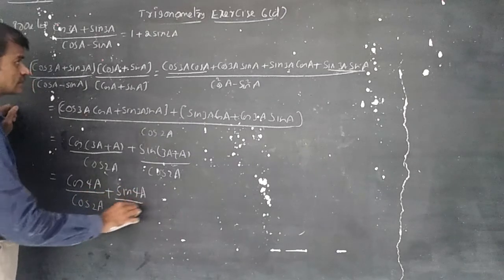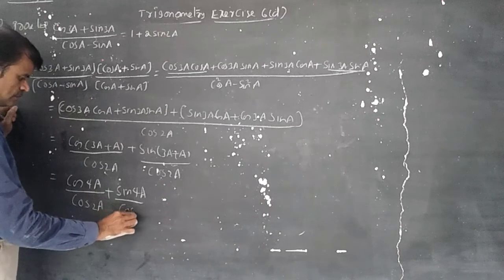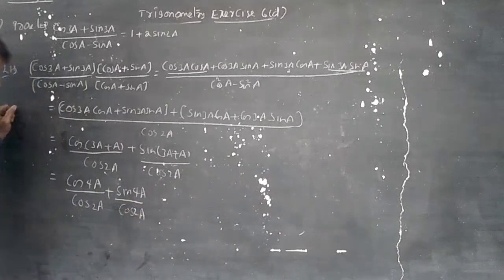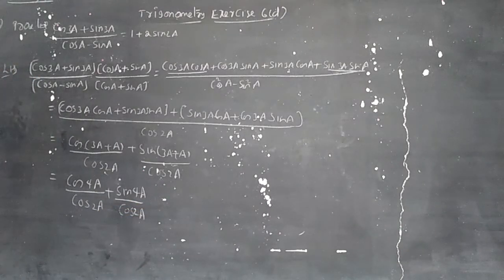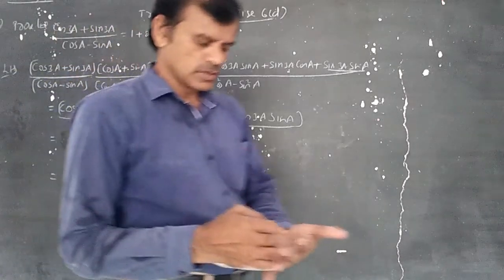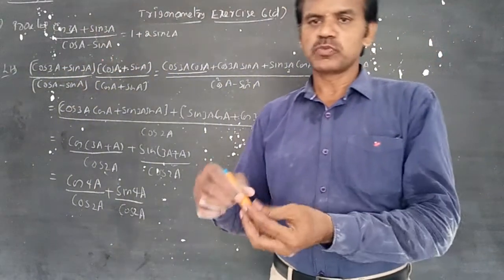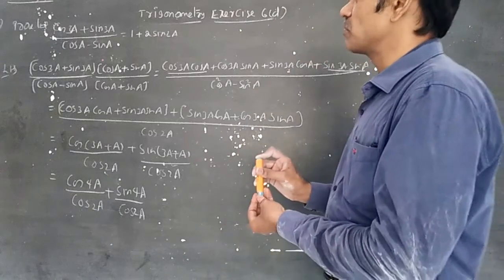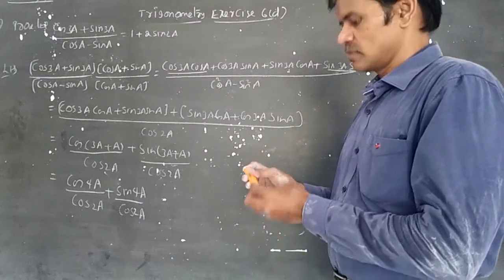No, leave it. Cos 4a, sin 4a, 4 cos cube a plus 3 cos a. This method is not possible. So better to write 4 cos cube a minus 3 cos a plus 3 sin a minus 4 sin cube a.